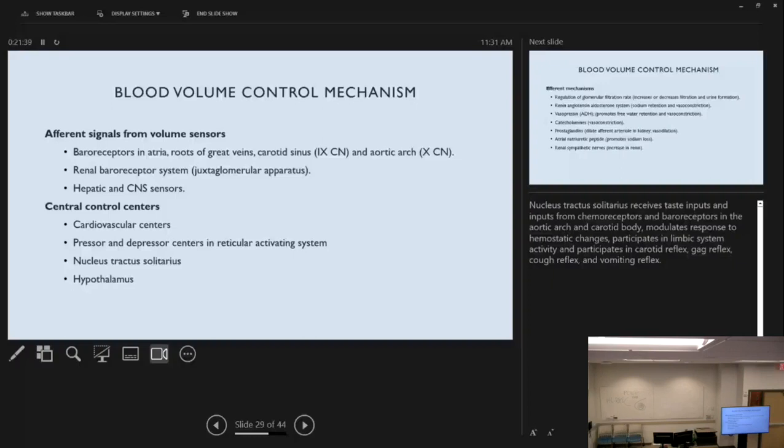And we have a nucleus that is there in the medulla oblongata that is called the nucleus tractus solitarius, NTS.